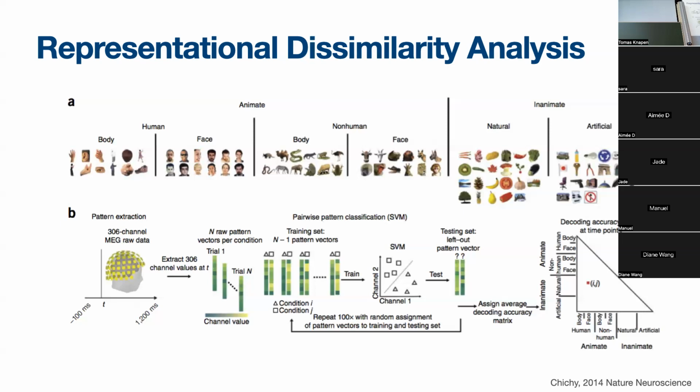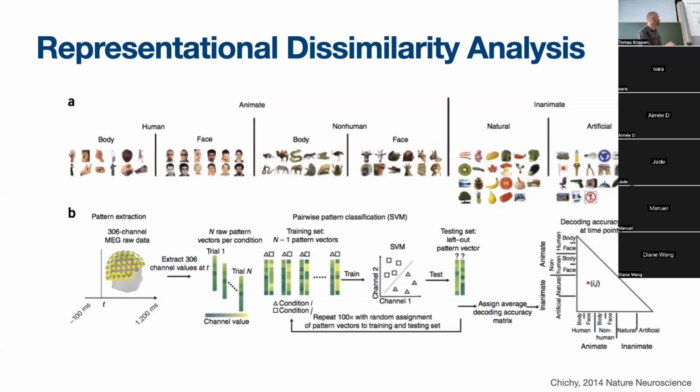You can do this representational similarity analysis every millisecond after the onset of a visual stimulus. So you can have a different representational similarity matrix after 100 milliseconds, after 110 milliseconds, after 120 milliseconds. So you can actually look at the temporal evolution of this representational space.